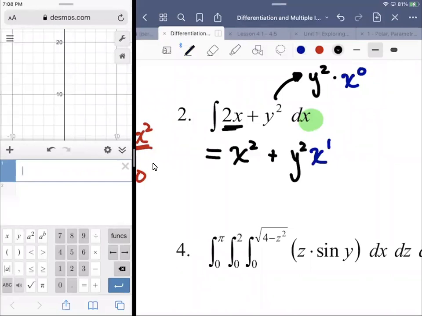Bring down that plus sign. But now any function of y would zap away through the differentiation process. So if I had something like a simple sine of y, the derivative of sine of y with respect to x would go to 0. So I want to have a plus c of y.